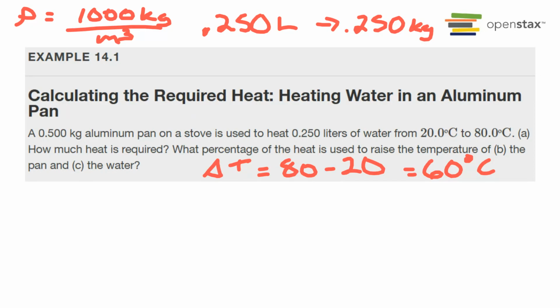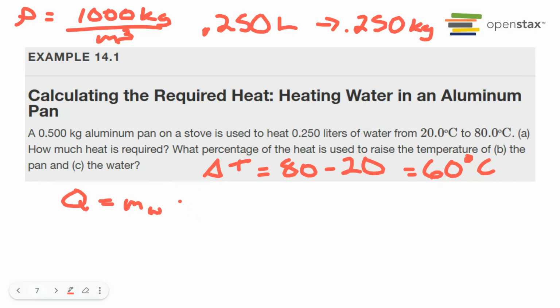And then there's a table which I show on the next slide. That table will give us our specific heat. So then we just plug this into the formula. We say that Q is equal to the mass times the specific heat times delta T, and we could do this for both the water and the aluminum if we need to. I'm going to do the water first.